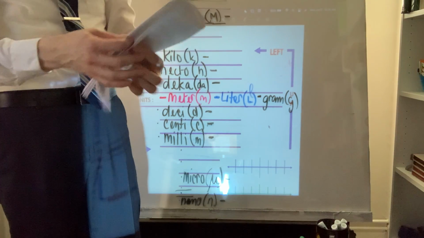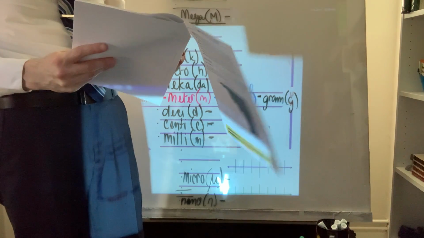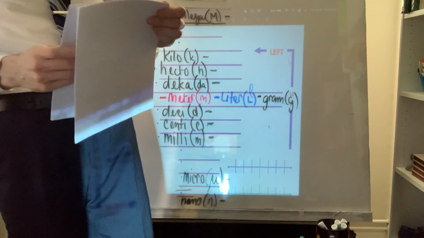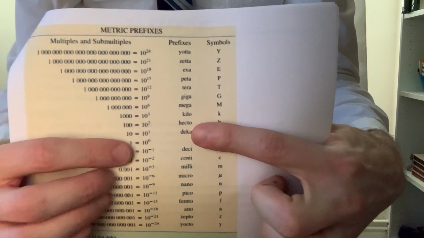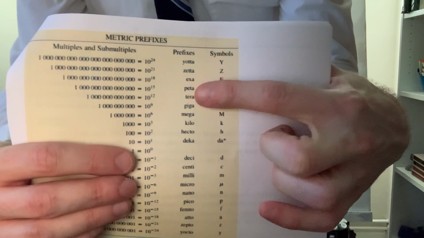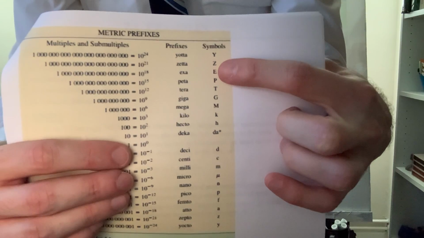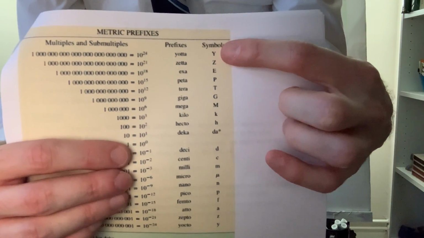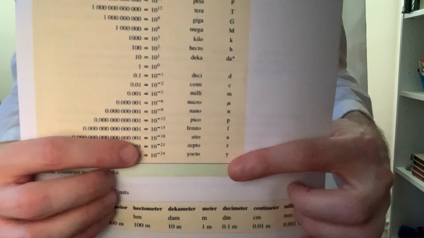If you're curious, in the packet, for the portion of it that is entitled Summaries and Diagrams, I made sure to include this table, right? As you can see, the prefixes, right? I stopped here at giga. There's tera and peta and exa, zeta and iota. And on the low end here, micro, nano, pico, femto, atto, zepto, yocto, right?